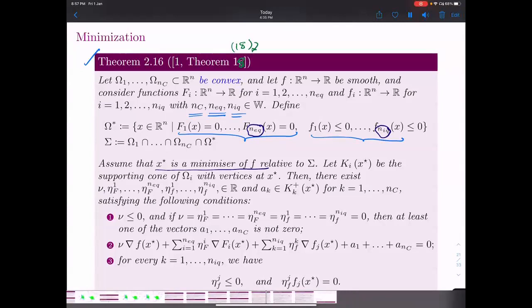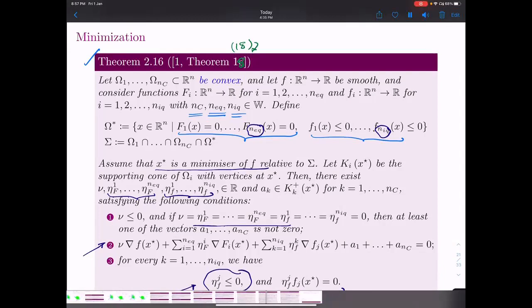So the multipliers are given as, oh yeah, these are the multipliers, for equality constraints and inequality constraints. And you have this condition, and further you have one more condition because of the inequality constraints, where the multipliers corresponding to the inequality constraints are less than or equal to 0, and you have to satisfy this condition.